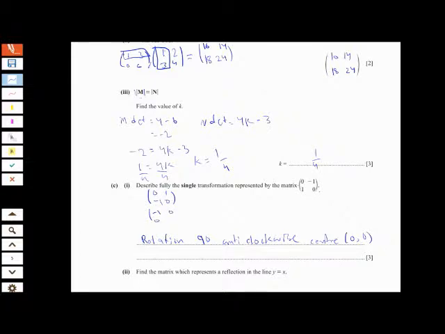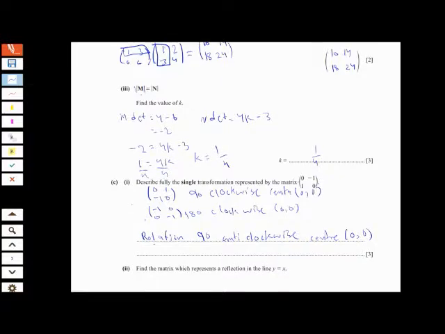For the first one, it's a 90-degree clockwise rotation, center (0, 0). For the second one, it's 180 degrees, center (0, 0). So just memorize this.